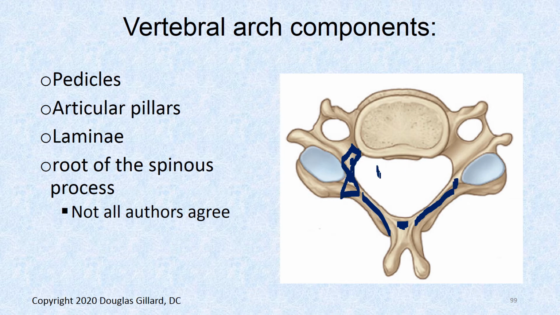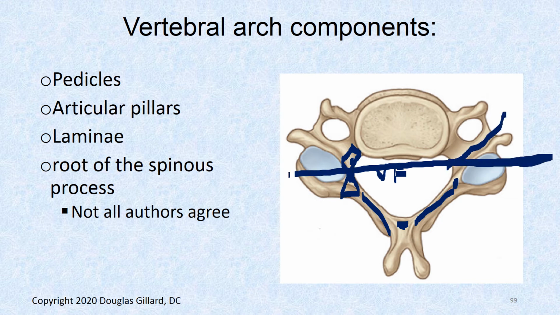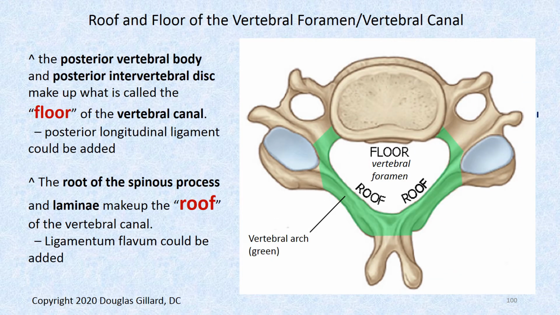What was this called? Vertebral canal? Really, technically the vertebral foramen. And notice how these are angled 45 degrees from a horizontal. The other concept is I talk about the roof a lot.